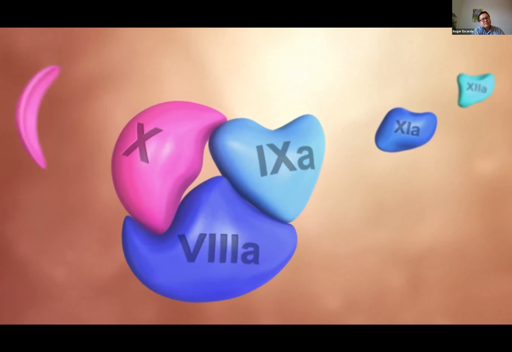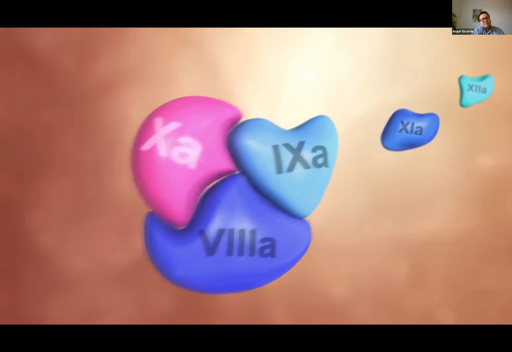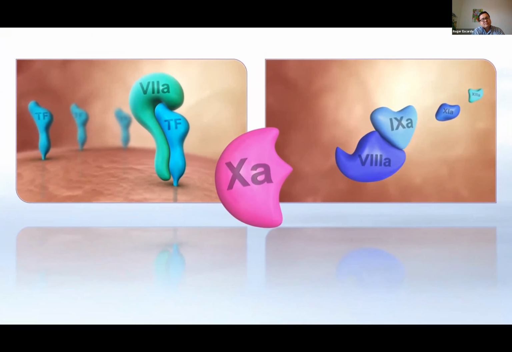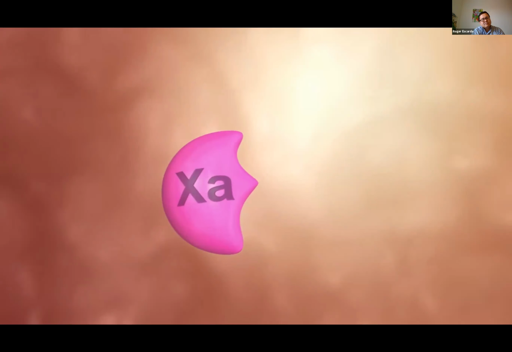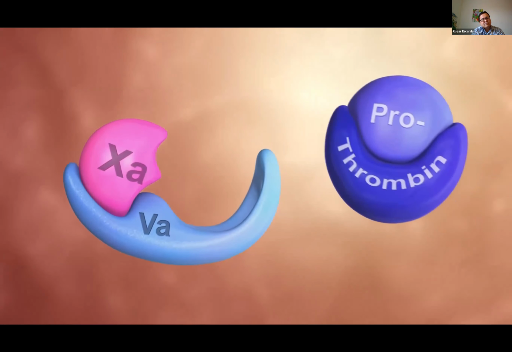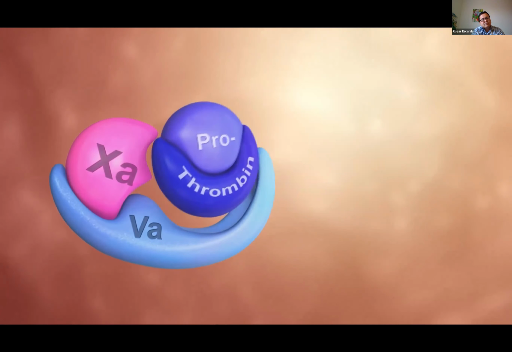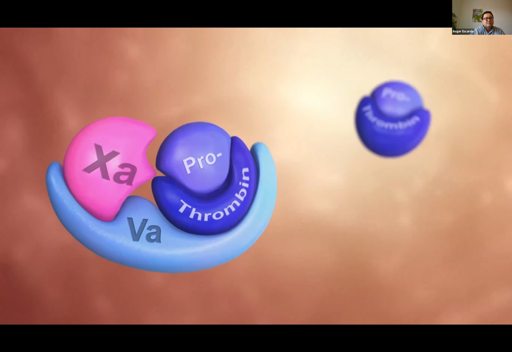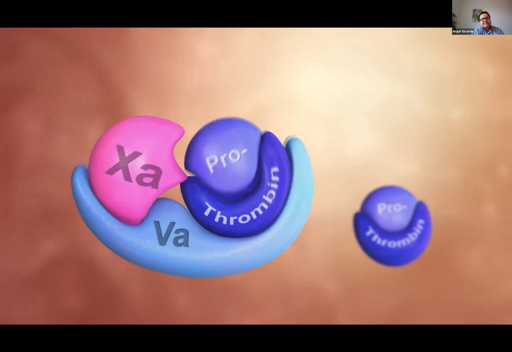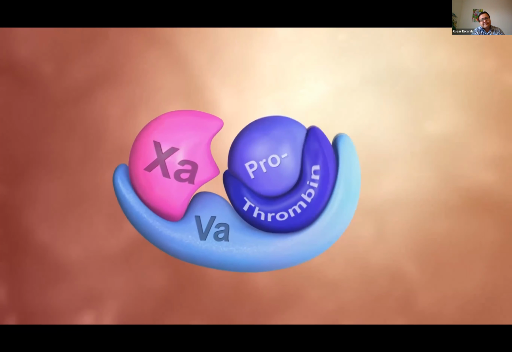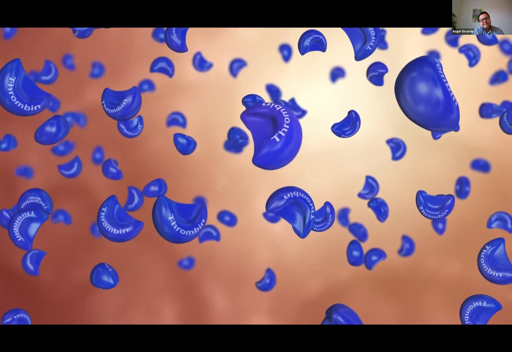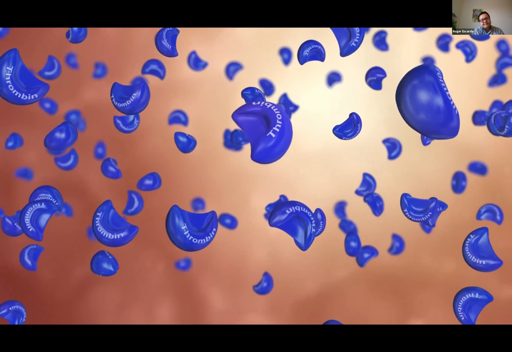This complex now activates factor 10. Since the two pathways merge at the level of factor 10A, this factor has a pivotal role in the coagulation cascade. Further down the cascade, factor 10A, in combination with 5A, activates thrombin and induces the so-called thrombin burst. One molecule of factor 10A can catalyze the formation of 1,000 molecules of thrombin.